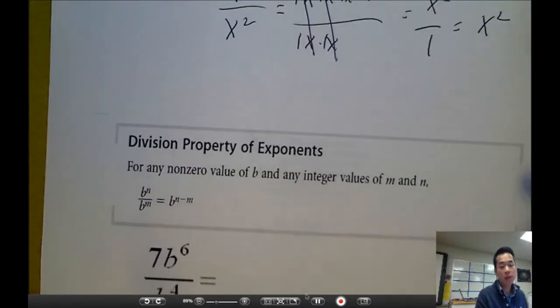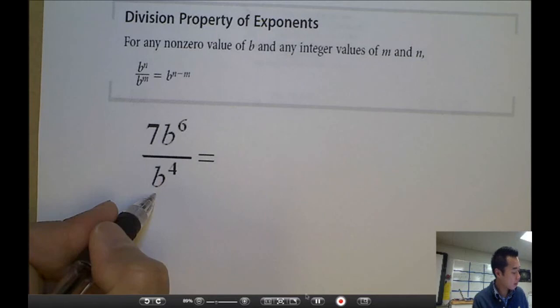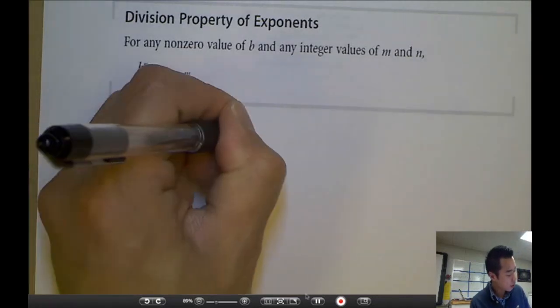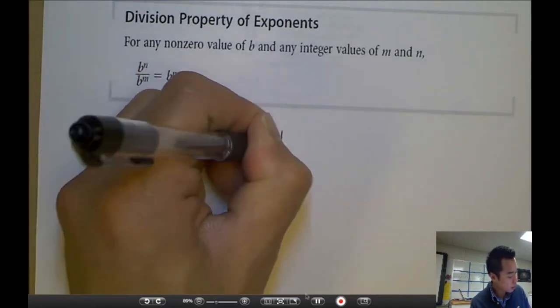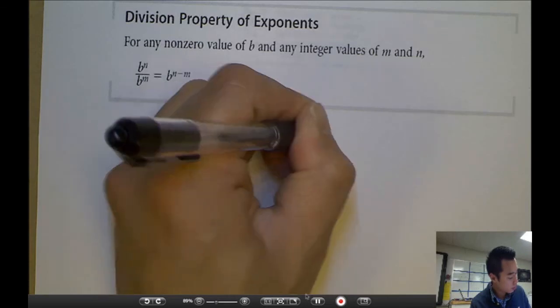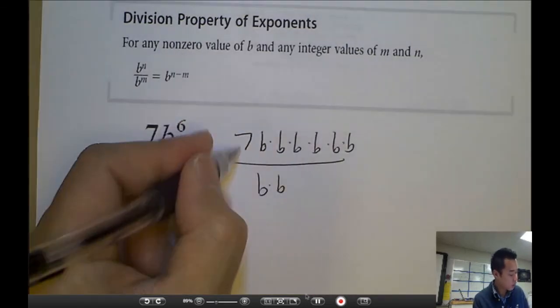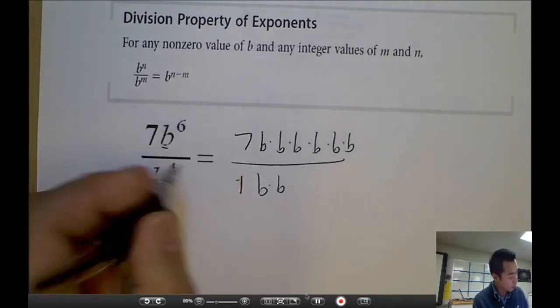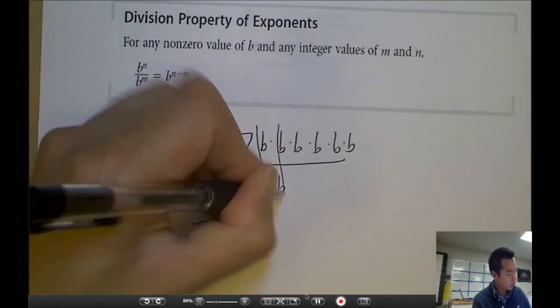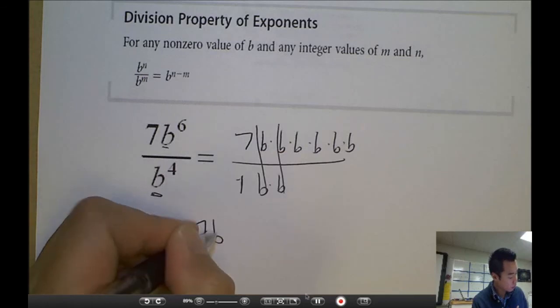But because we know that our values have the same base here, I'm just going to go 7b times b times b times b over the same thing. There's a 1 here, so 7 divided by 1 is 7. These are gone, so all I have left is b to the 4th.